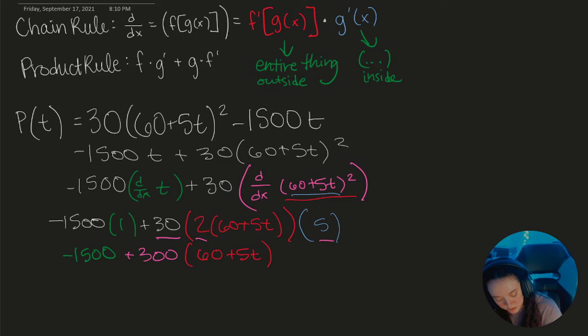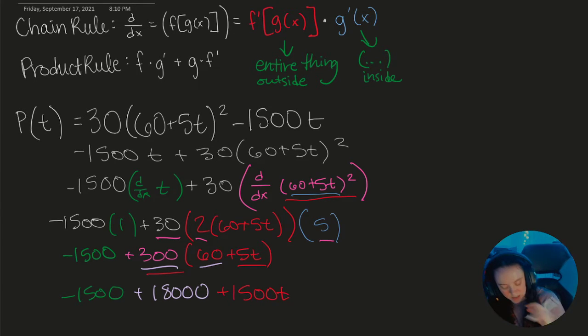So then we're going to combine those. Okay, we're going to leave our negative 1500 for right now. And we're going to say plus 300 times 60 equals 18,000. And then we're going to multiply 300 times 5, which is 1500t in this case, because there is a variable in the end.